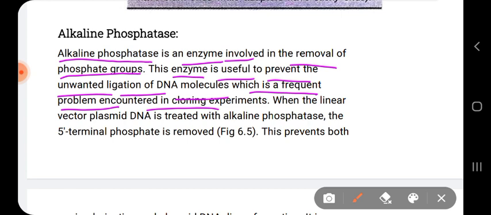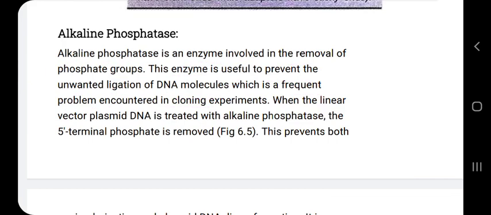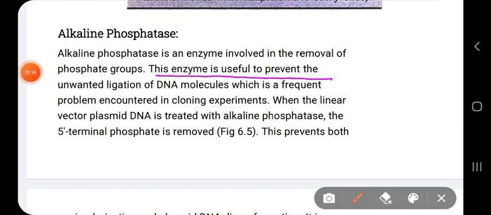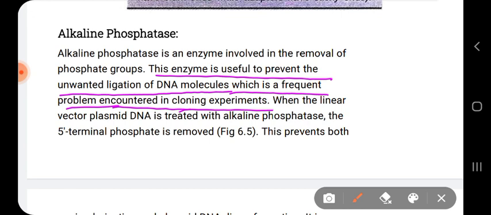That's why we are blocking the 5' sticky ends with OH groups. Similarly, to prevent unwanted ligation, we use alkaline phosphatase. So this enzyme is useful for preventing the unwanted ligation of DNA molecules, which is a frequent problem we encounter during cloning experiments.